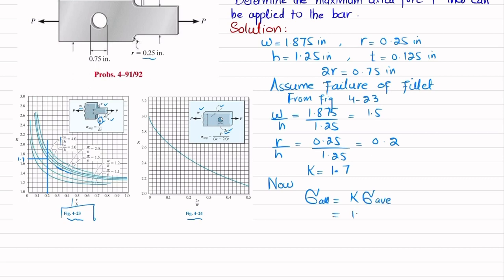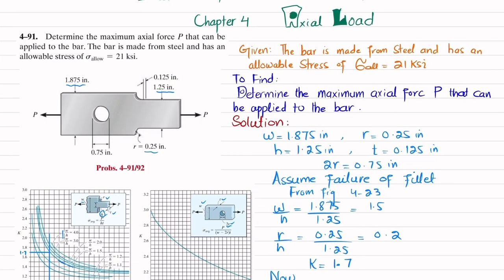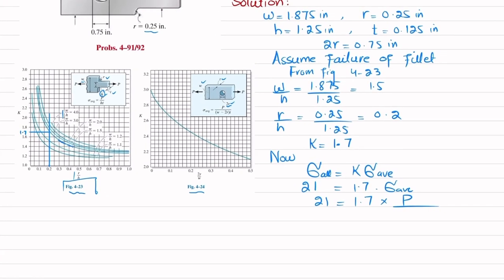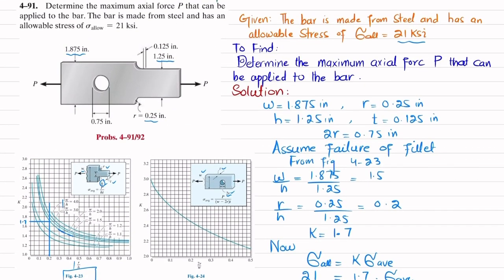Now we know that maximum stress or allowable stress is equal to K into sigma average. So K is 1.7 and allowable stress is 21 ksi, that is equal to K times sigma average. So 21 is equal to 1.7 times sigma average, and sigma average is equal to P divided by the cross-sectional area. The cross-sectional area at this fillet point will be this height, which is 1.25, and this thickness, which is 0.125.